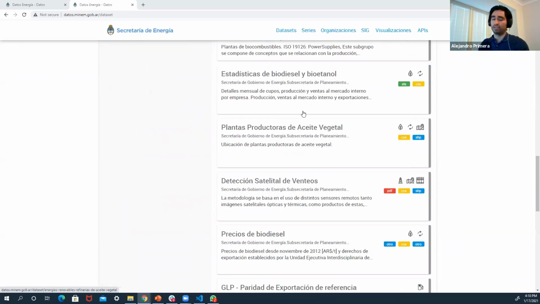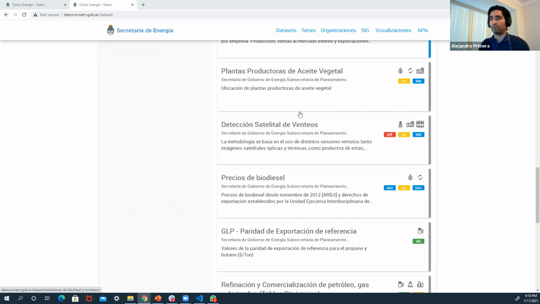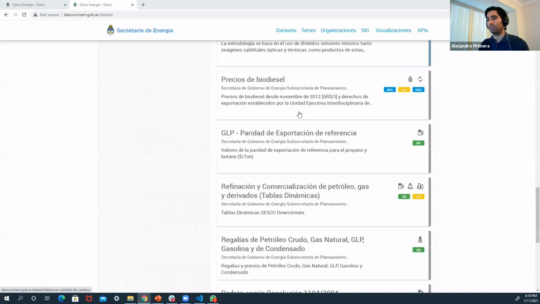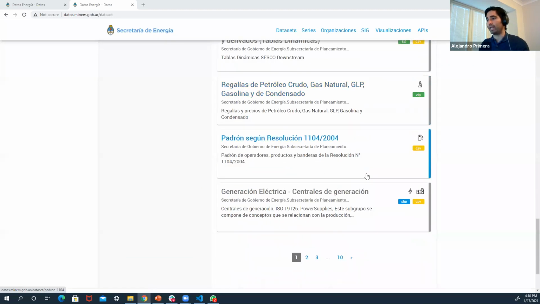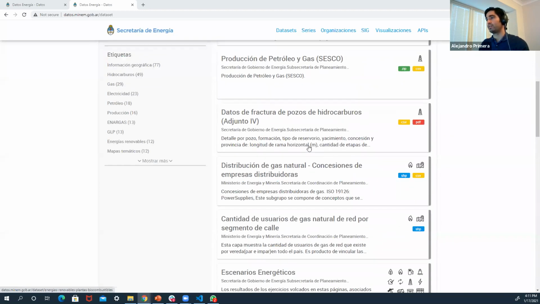They have refineries. I know that they have information also about electricity distribution in the country and power plants, capacity of their power plants, and also refining capacity. It's quite interesting to play with this information here.